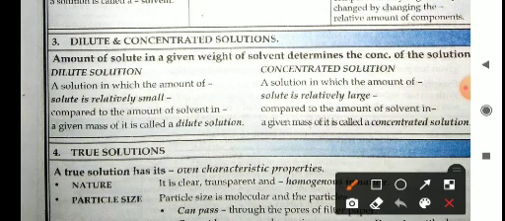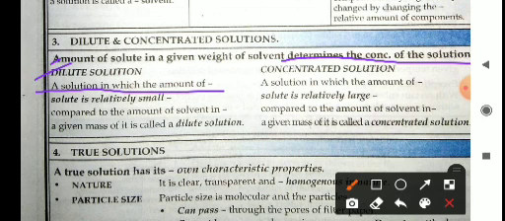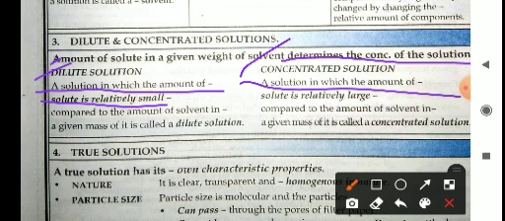Dilute and concentrated solutions. The amount of solute in a given weight of solvent determines the concentration of the solution. A dilute solution is a solution in which the amount of solute is relatively small compared to the solvent. And a concentrated solution is a solution in which the amount of solute is relatively large.